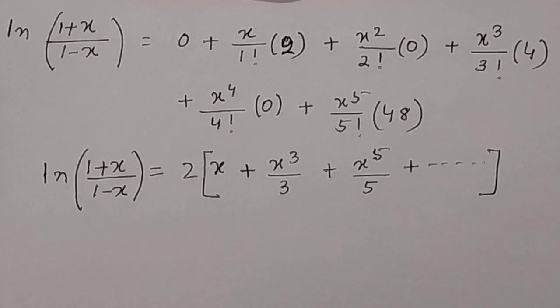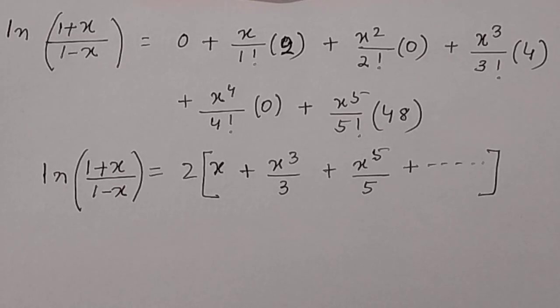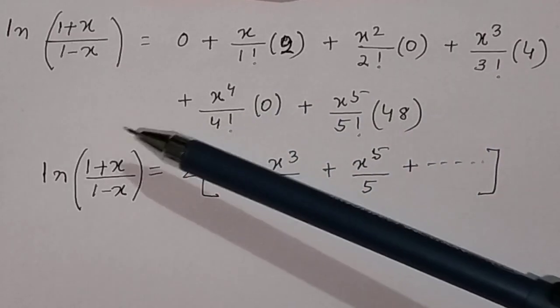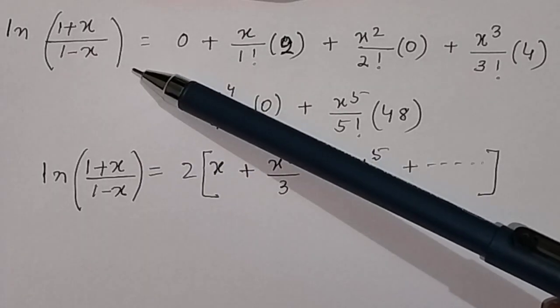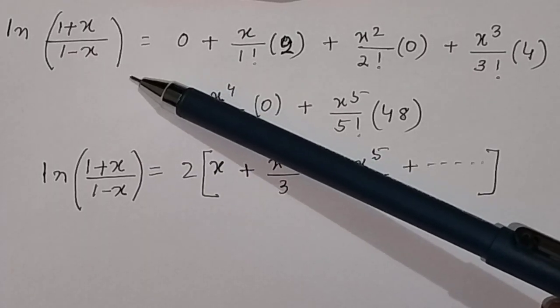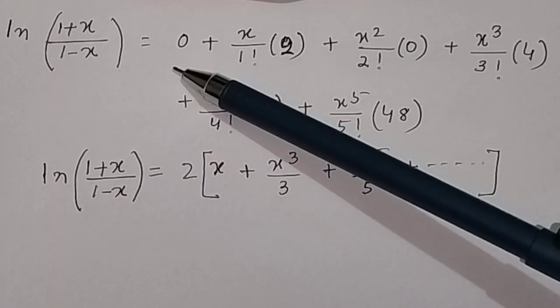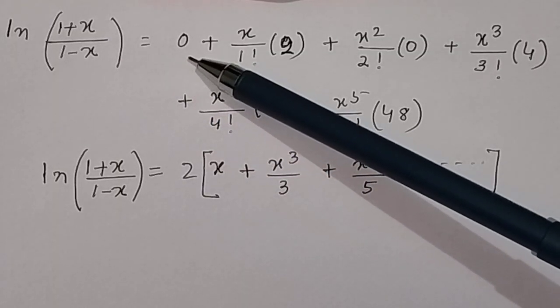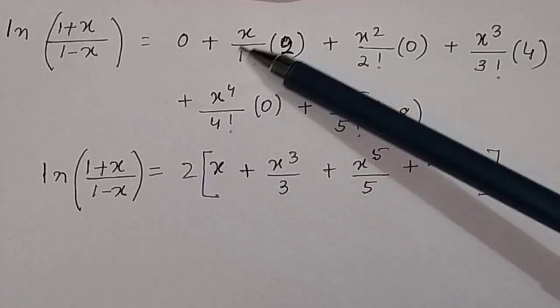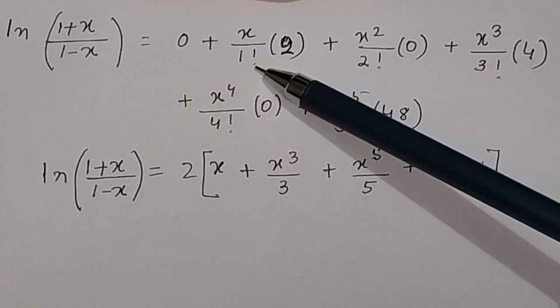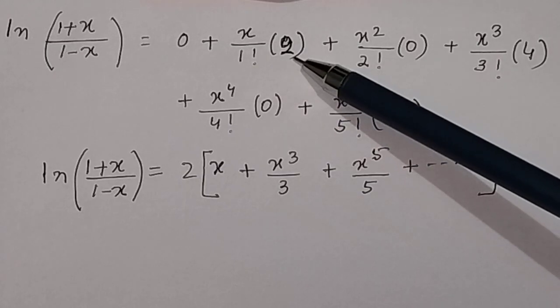Now you substitute the value of f0, f dash 0, f double dash 0, f triple dash 0 like this in the function, that is in the Taylor series expansion. The function is log of 1 plus x divided by 1 minus x. The first term is equal to 0 because f0 is equal to 0. The second term is x divided by factorial 1 and f dash 0 is equal to 2.